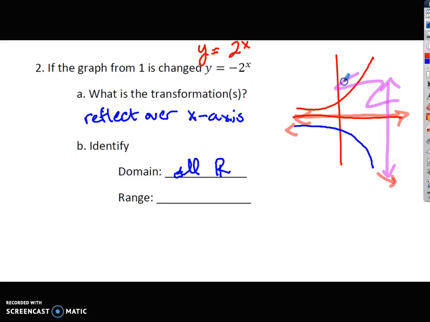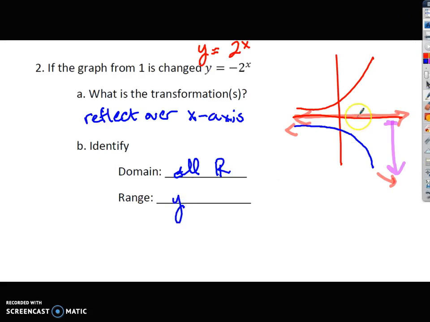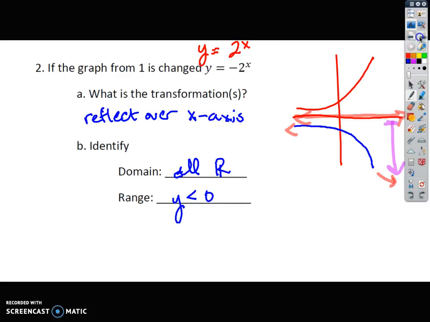There's no function up here. I'm looking at the blue one now. The function only exists from here down. So the range is all the y's below the x-axis, that is, all the y's less than 0.